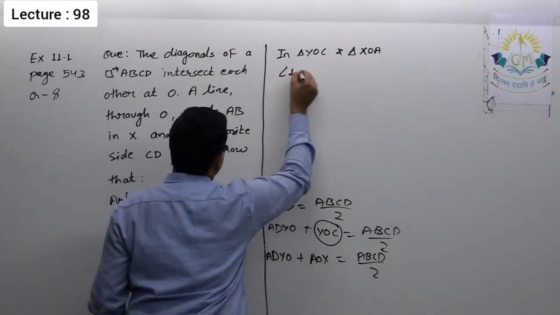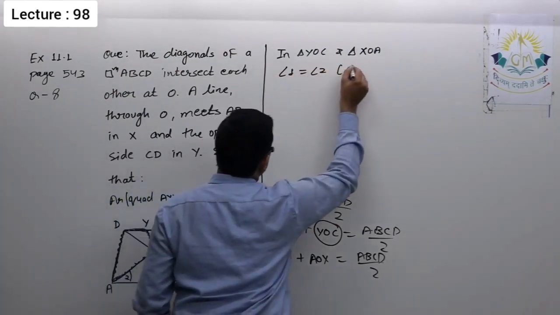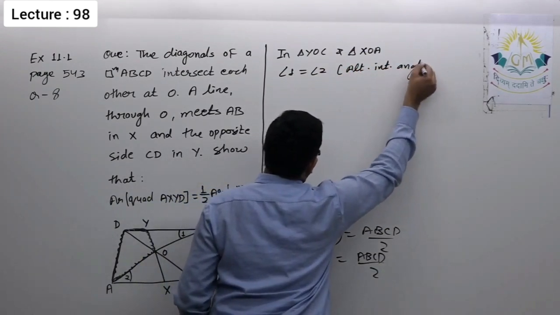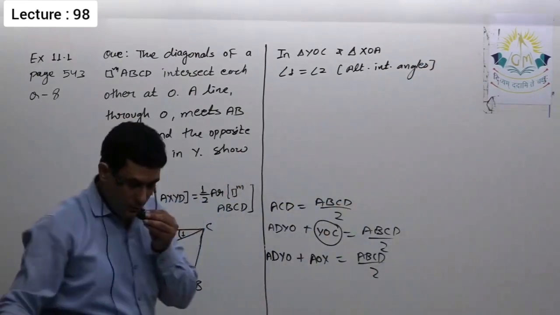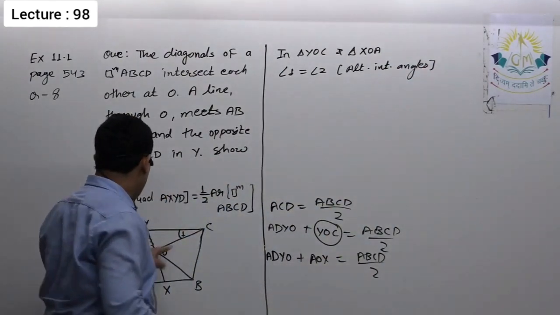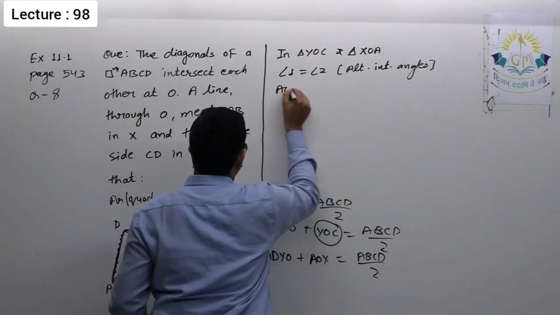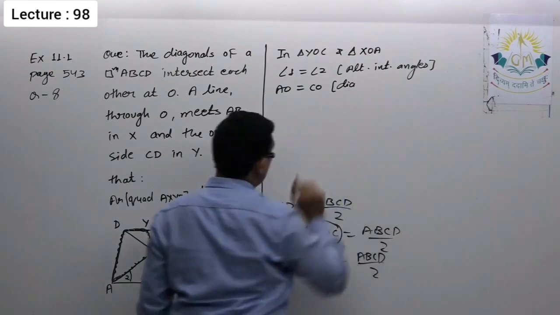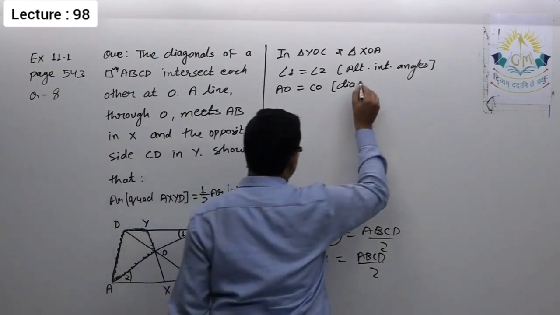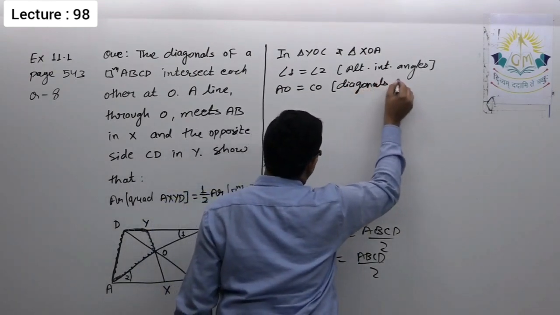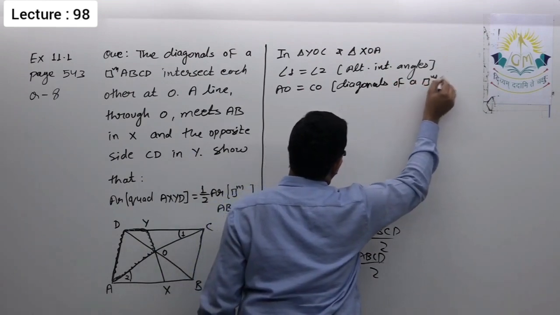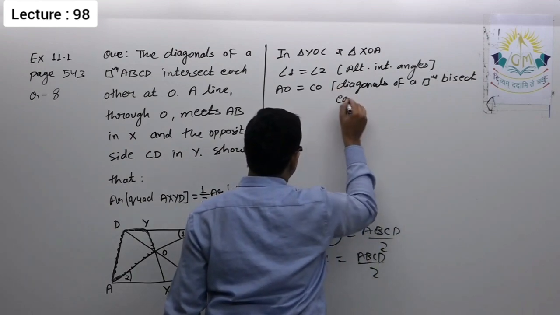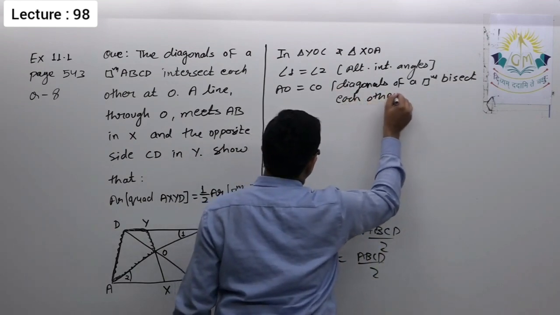Angle 1 is equal to angle 2, reason: alternate interior angles. Then AO is equal to CO, reason: diagonals of a parallelogram bisect each other.